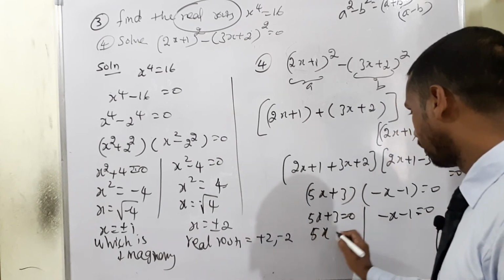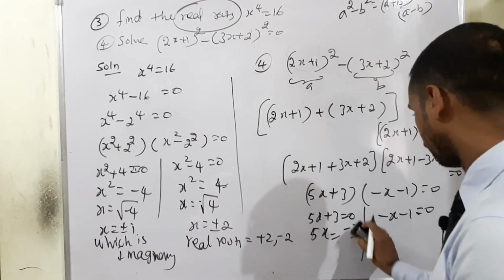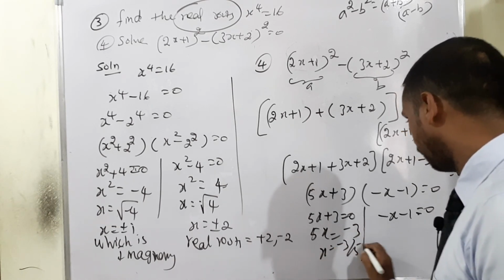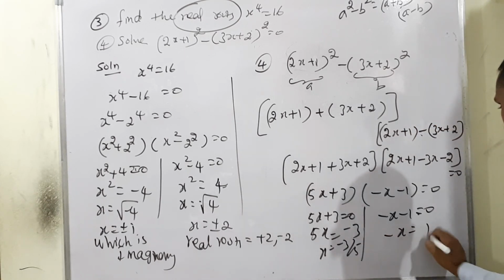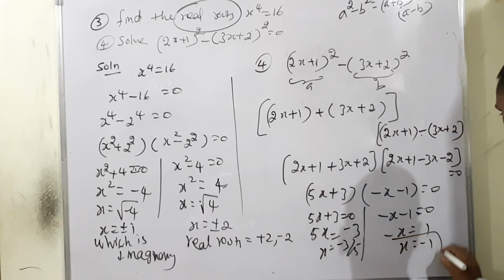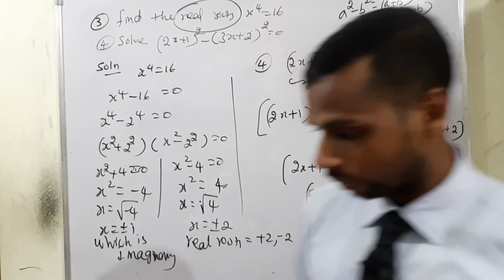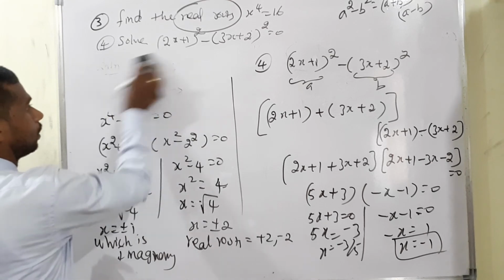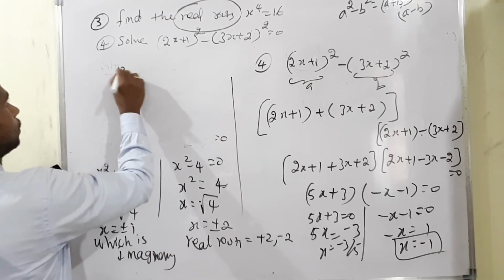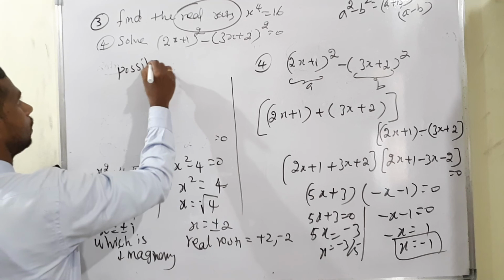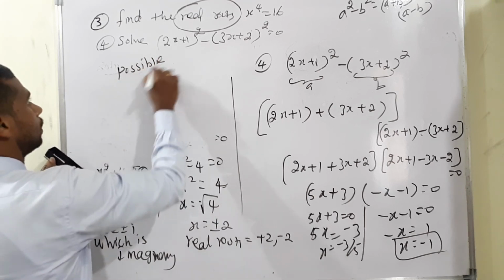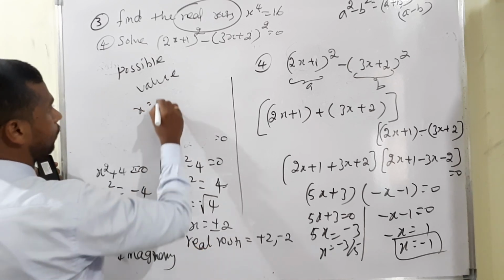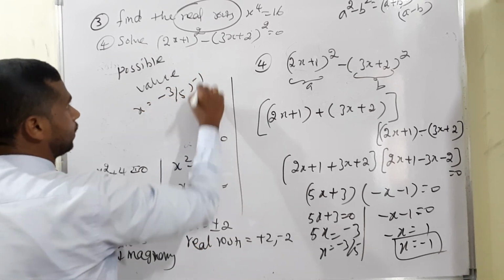Again 5x plus 3, bring to the opposite side, minus 3. Therefore x is equal to minus 3 by 5. Next case, minus x is equal to positive 1. Therefore x is equal to minus 1. Now the condition is also solved. Therefore the possible values are x is equal to minus 3 by 5, comma, minus 1, isn't it?